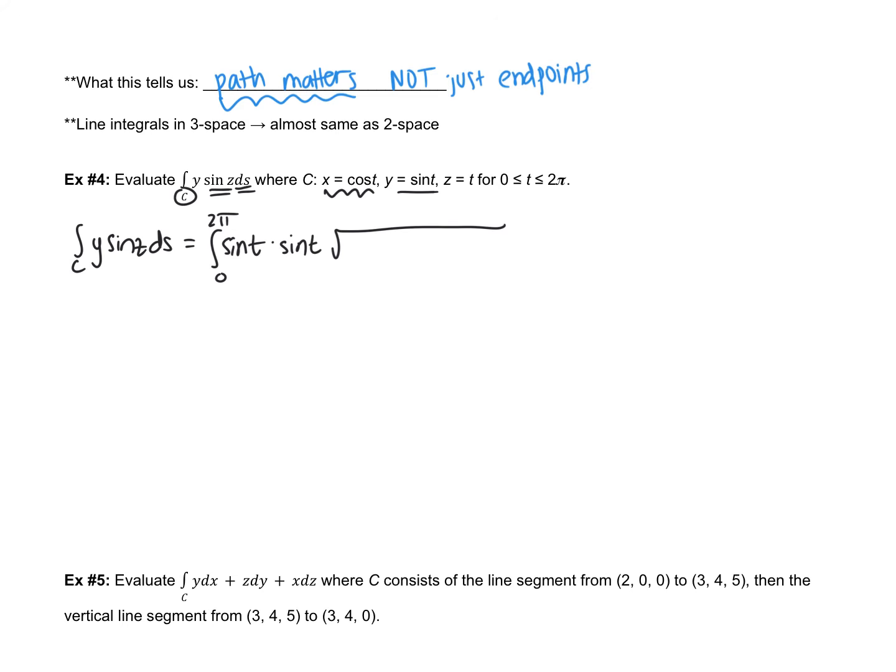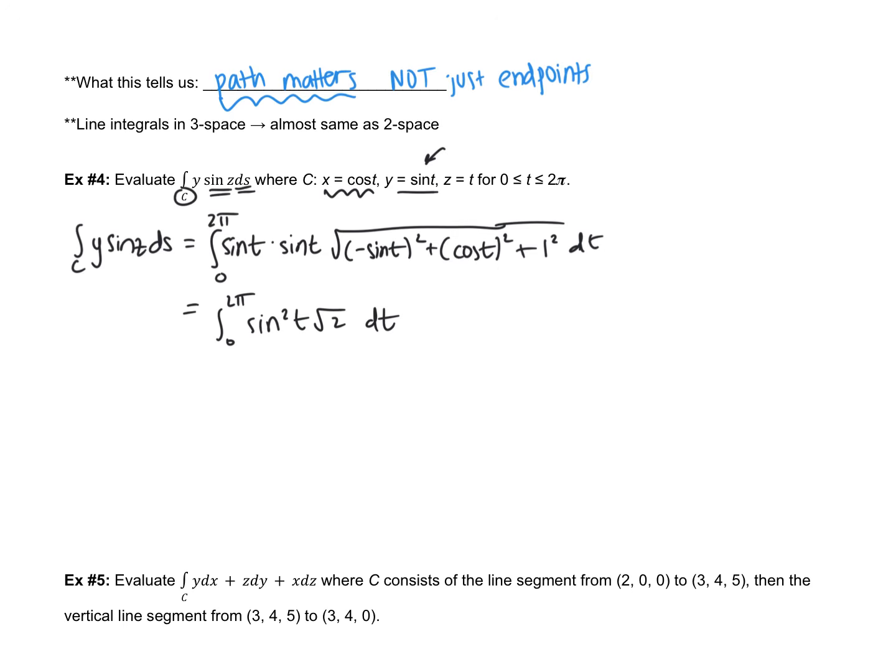So the derivative of cosine of t is negative sine of t, and we're squaring it. Derivative of sine of t is cosine of t, and we're squaring it. Derivative of t is 1. So what this gives us then is the integral from 0 to 2 pi of sine squared t times the square root of 2 dt.